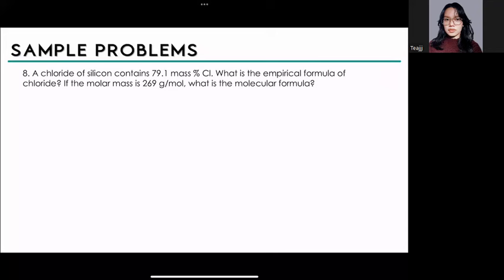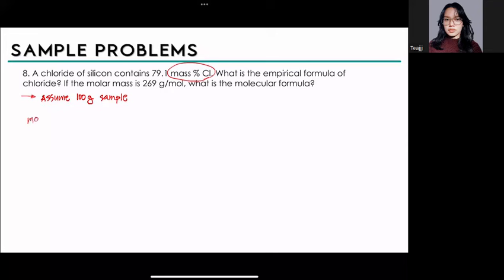So to determine the empirical formula, since we were given mass percent, we'll just assume a 100 gram sample. Now it's very important that if you're doing assumptions, you should state your assumption. I shouldn't have to assume what your assumption is. That's very convoluted, right? Let's all just state it.